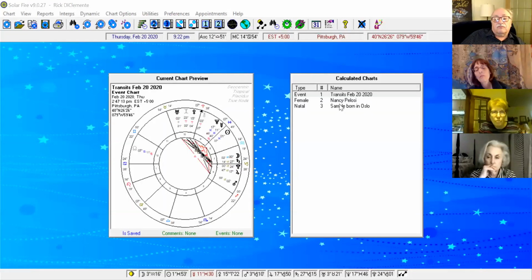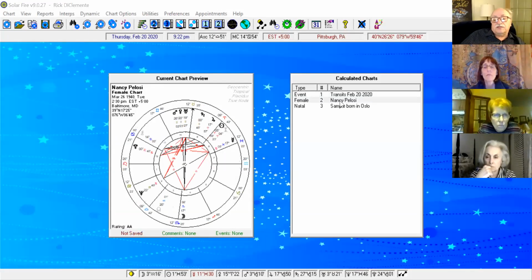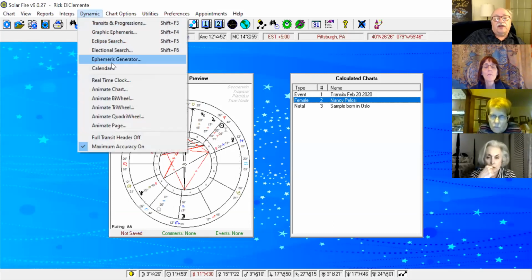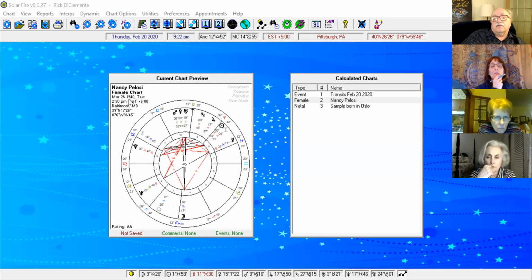Let's go back to around January 12th when Miss Pelosi was really on the stump, right? With the gavel and all the stuff going on with impeachment, etc. Let's take her chart and put the planets on the outer ring, around January 7th when things got really heated up.